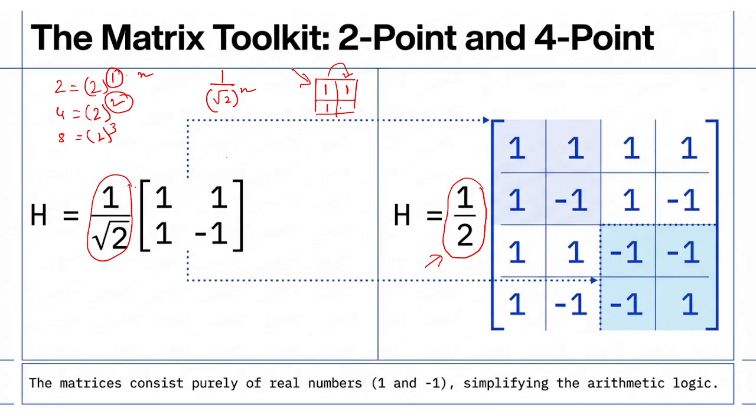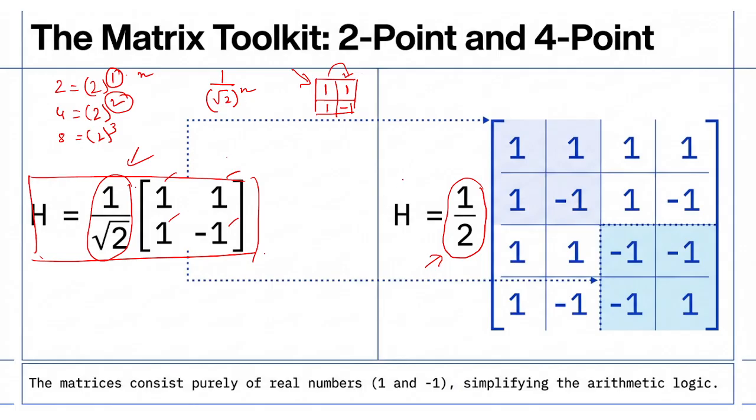So we get minus of 1. So see, 1, 1, 1, -1. So this becomes our 2-point Hadamard transform. This scaling factor I told you, 1 by root to the power n.